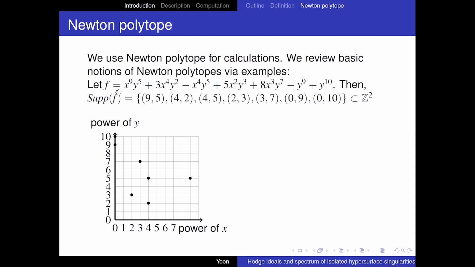Instead of giving the definition, I'm going to show you an example which may make you recall the definition. When you have a polynomial function f, for each term you have a power. The first monomial has x to the 9 or x to the 5.